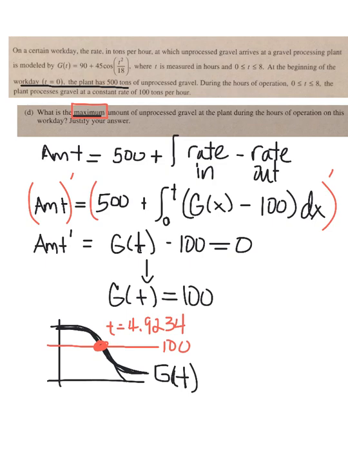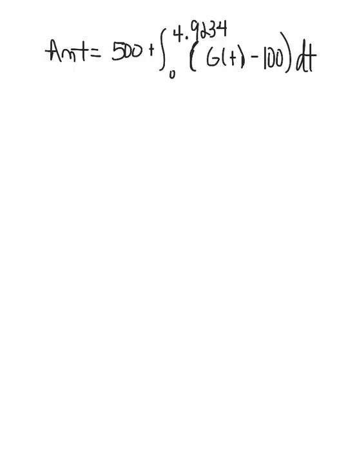So I'm going to take this 4.9234 and plug it back in here. So I'm going to plug in for that time. Now we know it's reaching a maximum at time 4.9234. So now we want to figure out what the amount is.